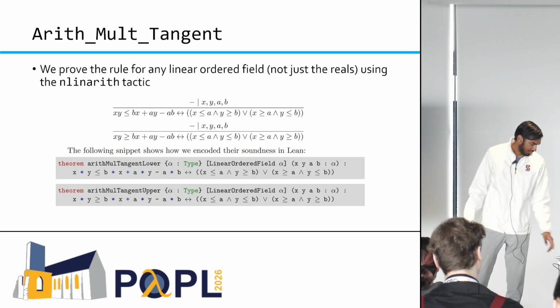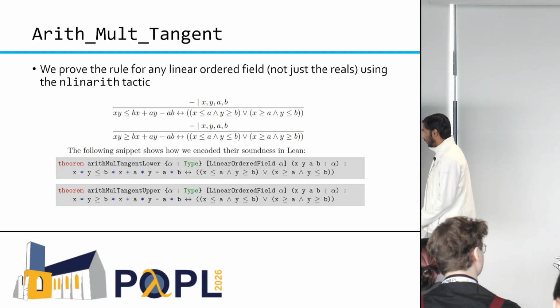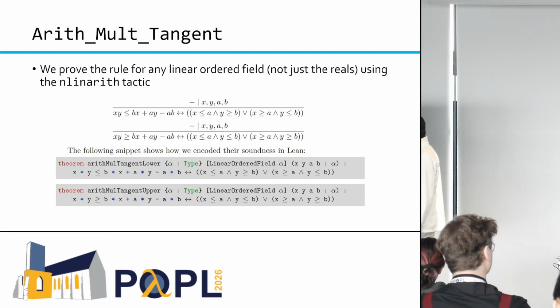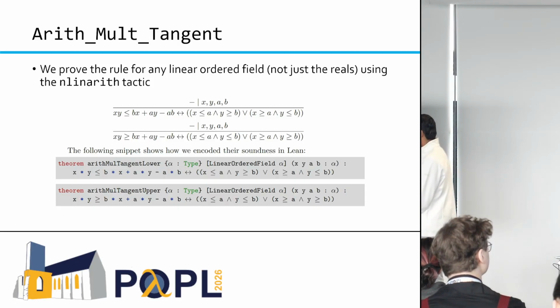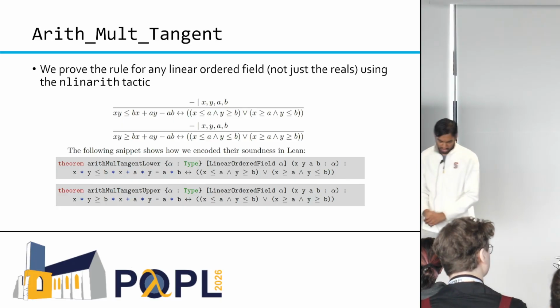For inequalities, for example, one of these rules is that you have the multiplication of 2 variables bounded above by a tangent plane. This is just equivalent to the following linear conditions.